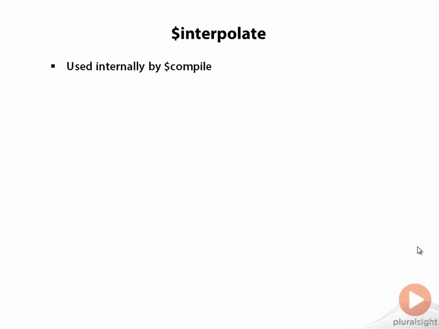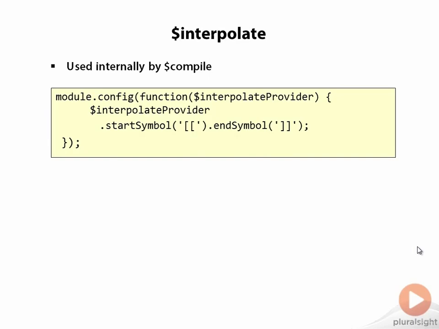For example, some JavaScript frameworks use the same double squiggly delimiters that Angular does, and sometimes this can cause a conflict between the two JavaScript frameworks. And so you can modify the delimiters that are used in Angular expressions by modifying the interpolate provider. And you can do that when configuring your module.